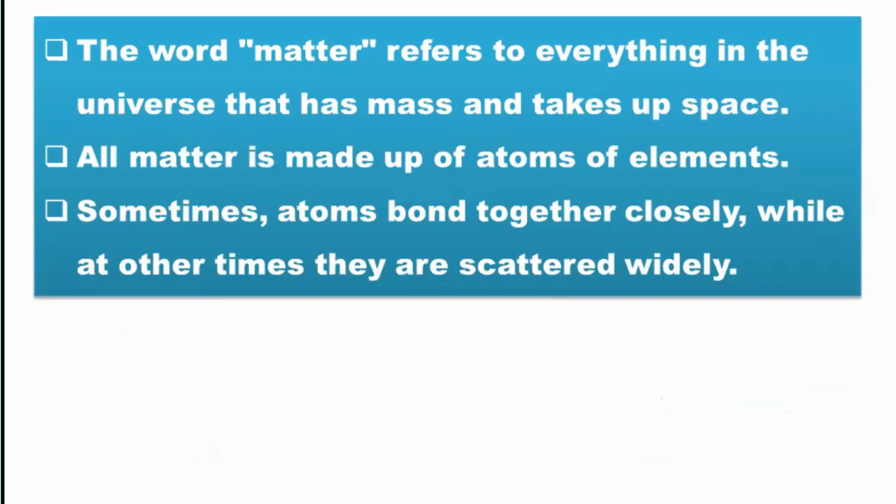The word matter refers to everything in the universe that has mass and takes up space. All matter is made up of atoms or elements. Sometimes atoms bond together closely, while at other times they are scattered widely.